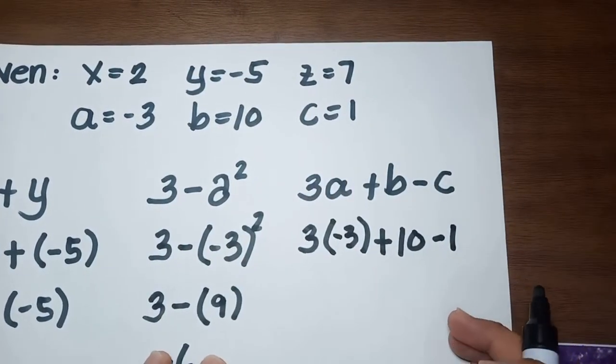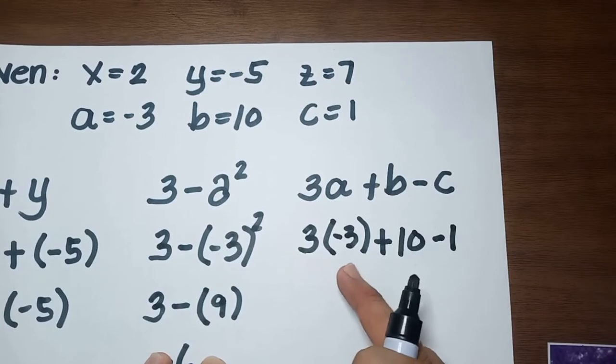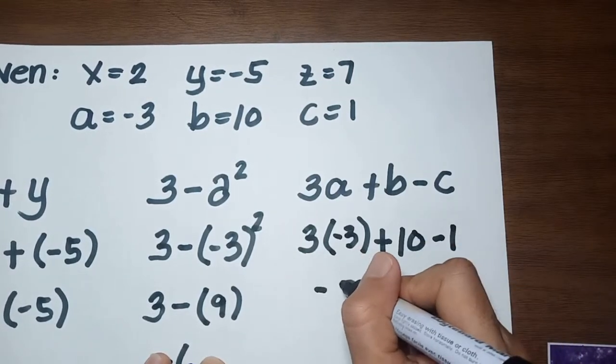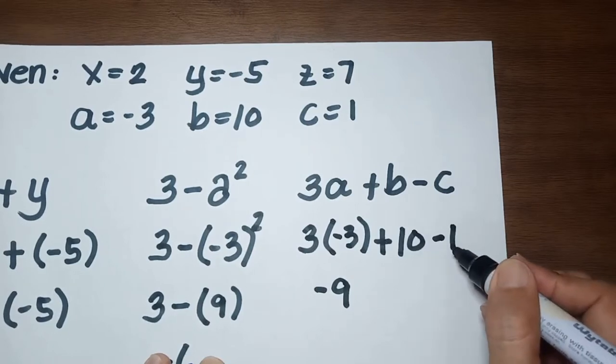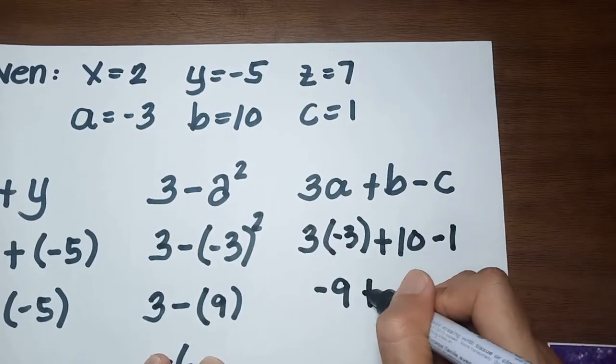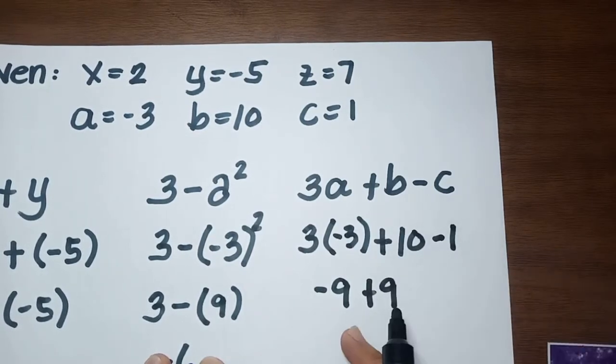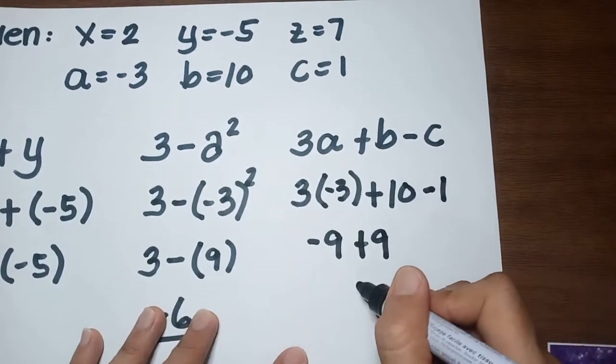So we simplify. 3 times -3 is -9. Then 10 minus 1 is +9. -9 plus 9 is 0.